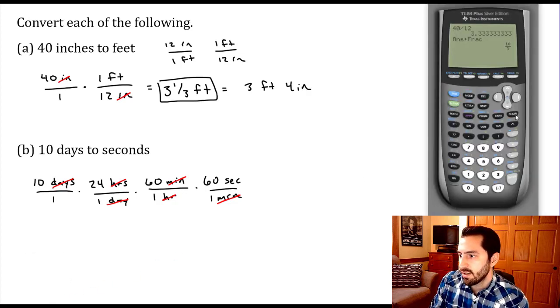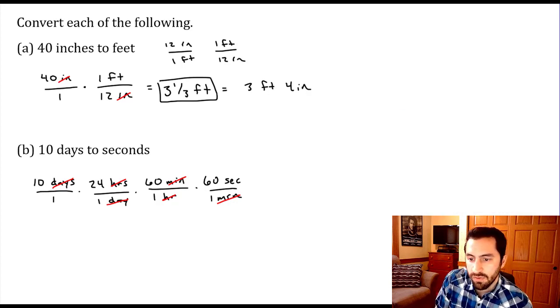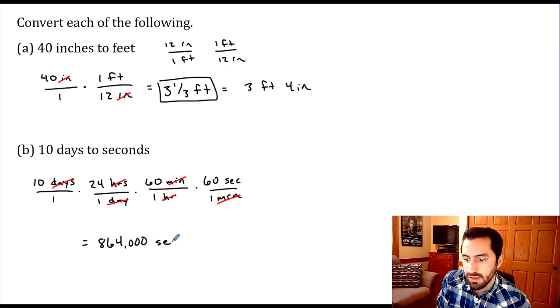So I'm going to use my calculator to help me out with this. So 10 times 24 times 60 times 60, and we get 864,000 seconds. So our final answer, 864,000 seconds in 10 days.